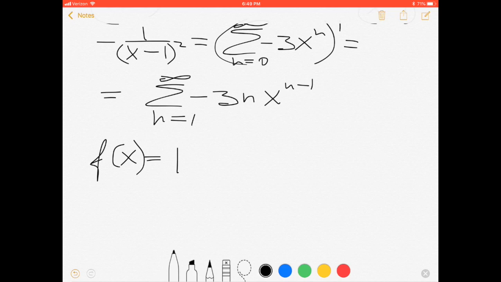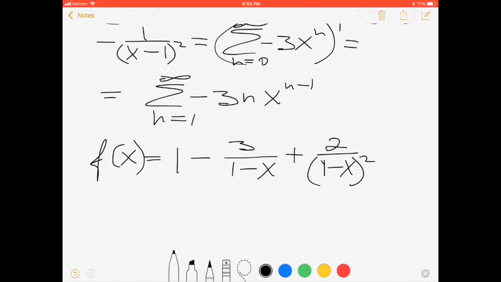It is 1 minus 3 over 1 minus x, okay, and plus 2 over (x minus 1) squared, or (1 minus x) squared, no big deal. Okay. And now we have 1 is 1.